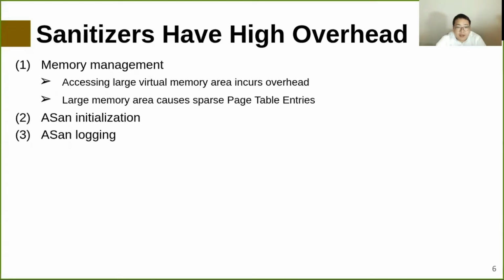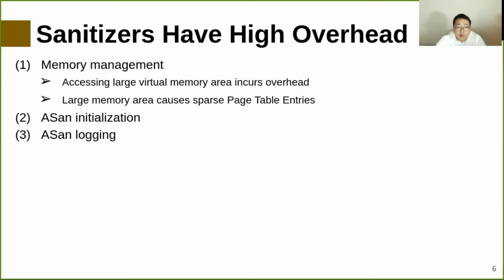More specifically, address sanitizer reserves a large virtual memory area and accesses these areas for metadata accessing or logging, meaning that accessing the untouched memory by address sanitizer causes page faults and requires additional overhead to allocate and fill out the corresponding page tables.